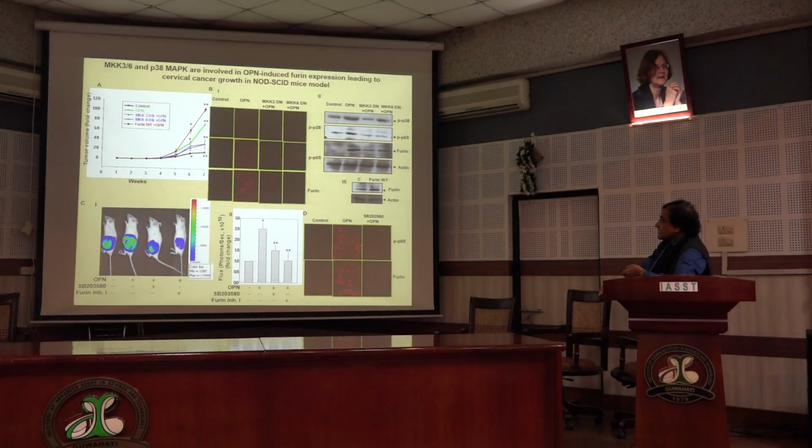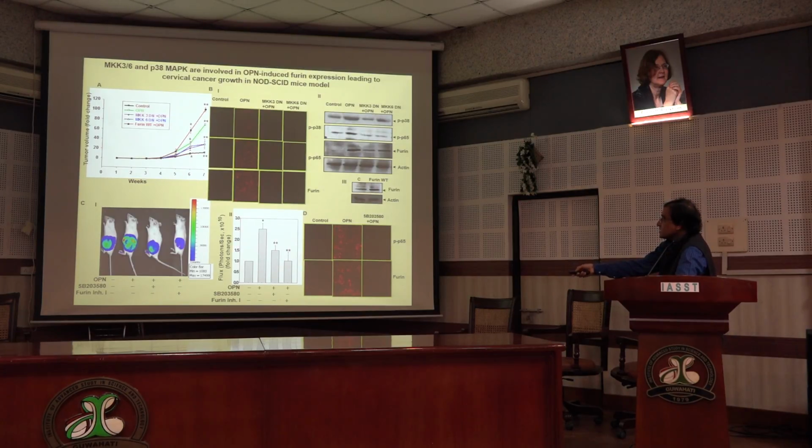And here is the time we had that in vivo imaging system where we used cervical cancer cells expressing luciferase, LUC-containing cervical cancer cells. So we injected them into the mice and developed tumors. As you can see in the image here, I think the pointer is not working.